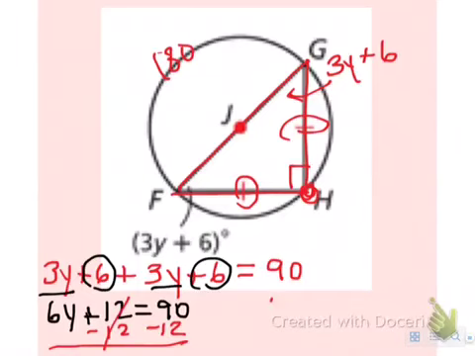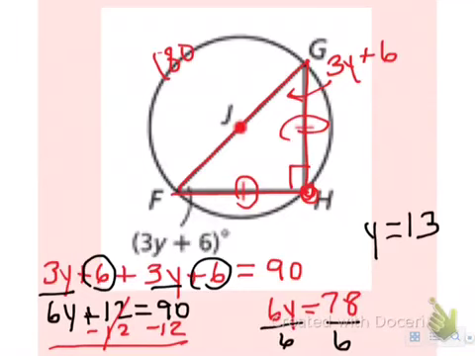So that's going to give me 6y equals 78, and then I need to divide both sides by 6. So 78 divided by 6 is going to be 13. So y equals 13.